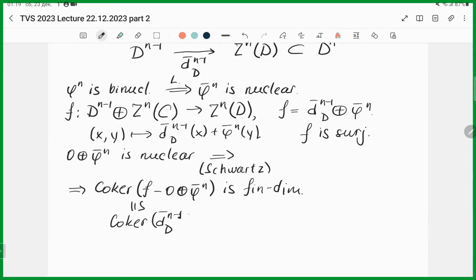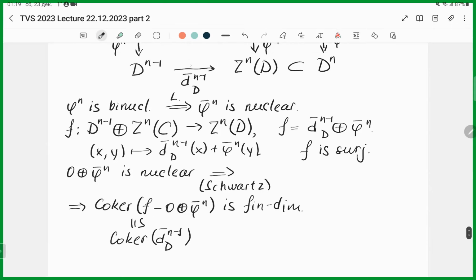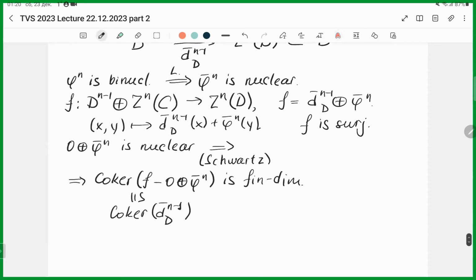The ranges of these two maps are the same, and so their cokernels are isomorphic. But what is the cokernel of d n minus 1? Clearly, the cokernel of this map is nothing but the nth cohomology of the complex D. So this is Hn of D. And that's it. So we see that the cohomology of the complex D is finite dimensional. This completes the proof.